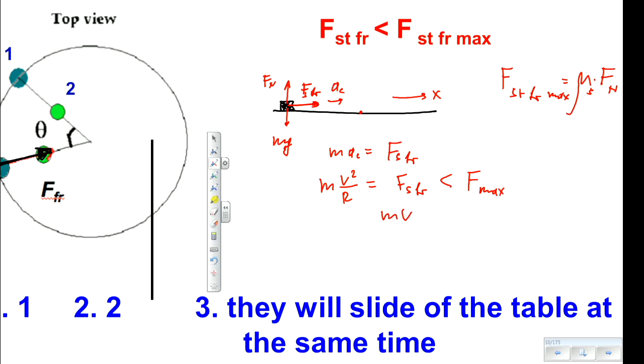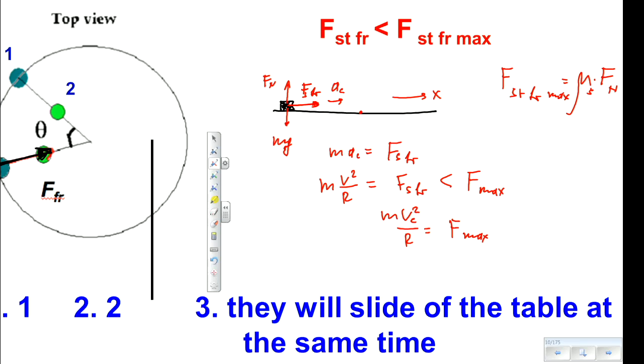As long as the speed reaches a certain maximum critical value, the static friction reaches its maximum value. That value is only provided by the property of the surface.